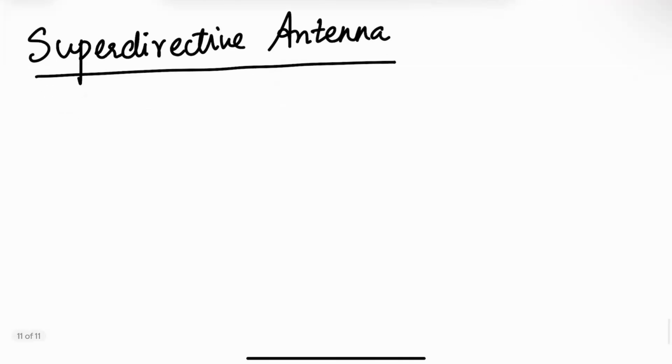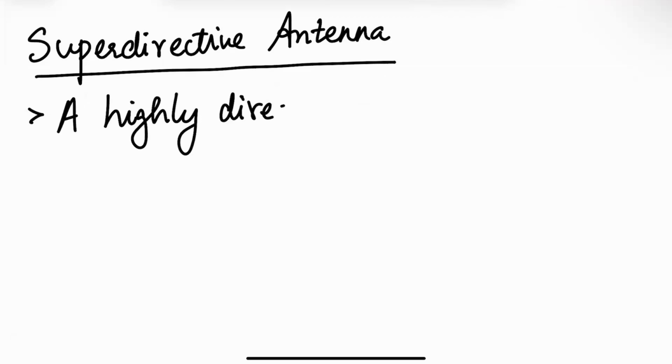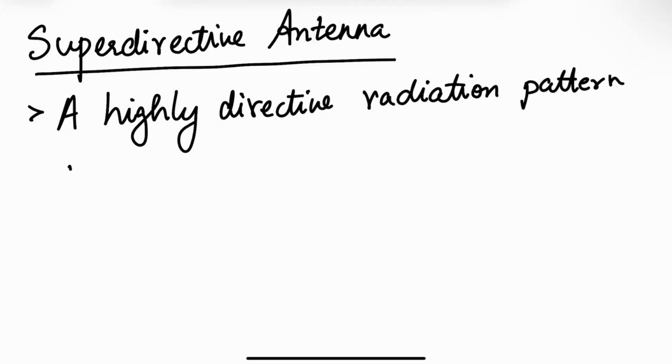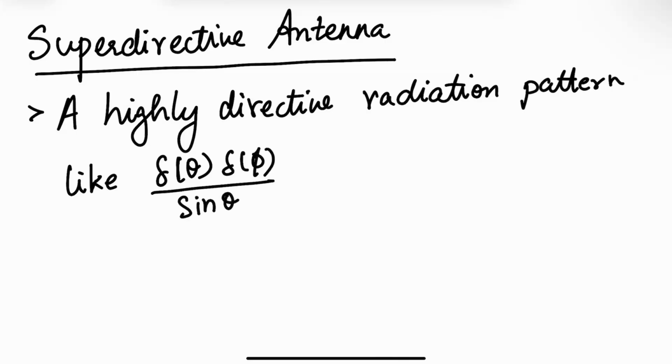What's the idea here, right? So we said that, okay, I can take a highly directive radiation pattern, let's say, like delta theta, delta phi over sine theta that we discussed, something like this.